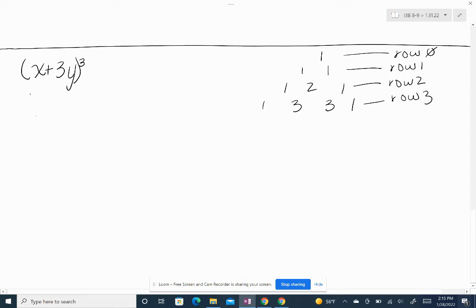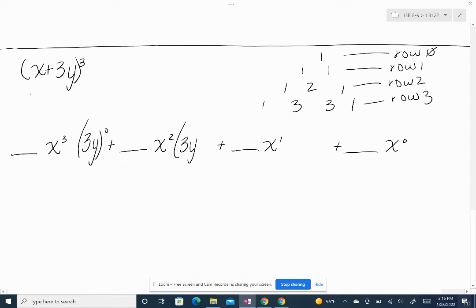So I'm going to start off with my x, a little bit easier. So something x cubed, something x squared. Give myself some space after. Something x to the 1 plus something x to the 0. Okay, this is where it gets a little bit different. So we can put this in a parentheses. Parentheses 3y to the 0.